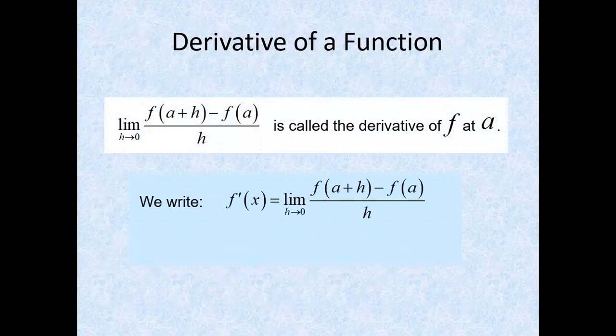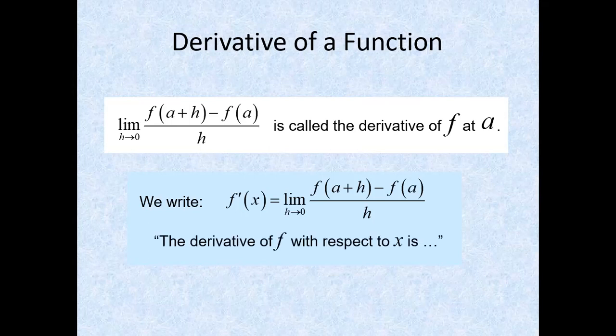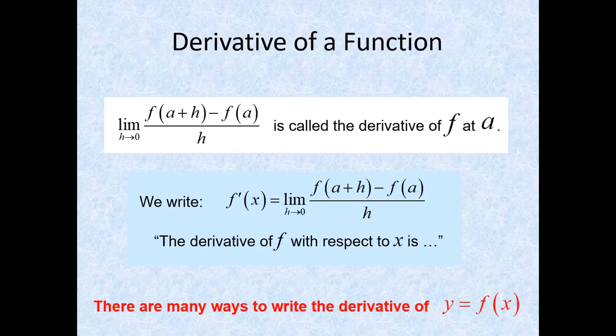So we write, as the notationally correct form, f prime of x equals the limit h tends to 0 of f of a plus h minus f of a all over h. So the derivative of f with respect to x we are assuming here. There are many ways to write the derivative of y equals f of x, and these ways are notations we will discover in coming slides.